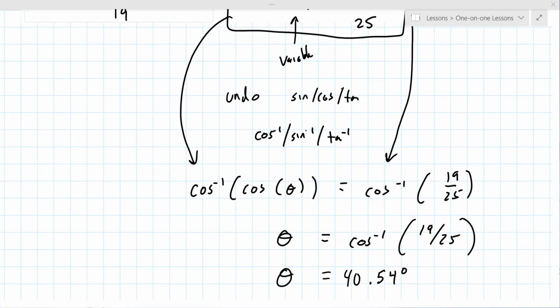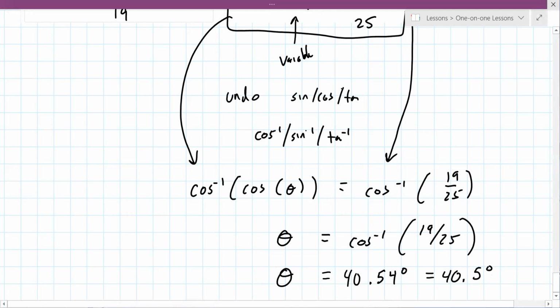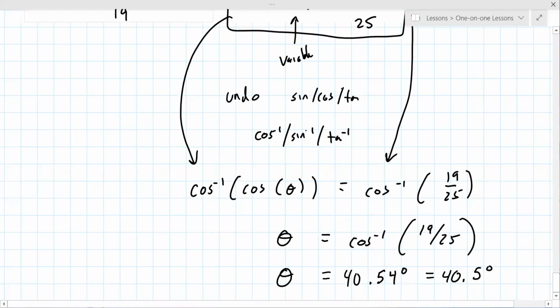Oh, it says one decimal place, so 40.5 degrees. Were you able to confirm that? Yeah, I got that. Okay, great. Sometimes that's very unclear. I'm glad you got it on the first question because it really does make a huge difference here.